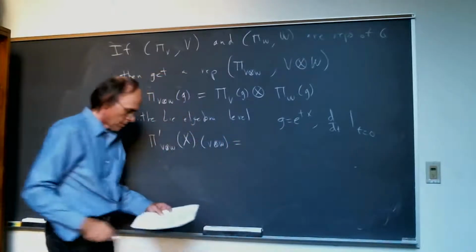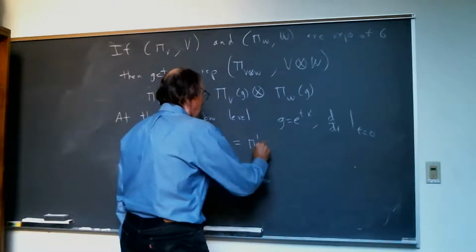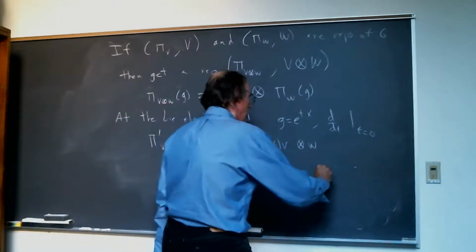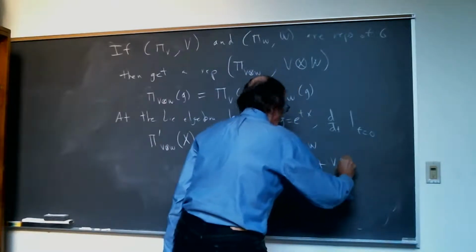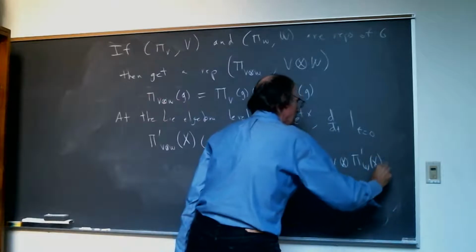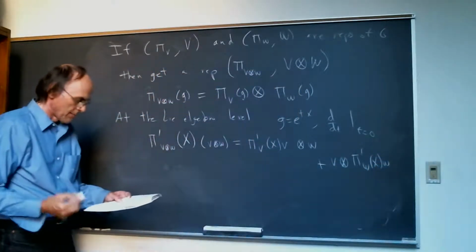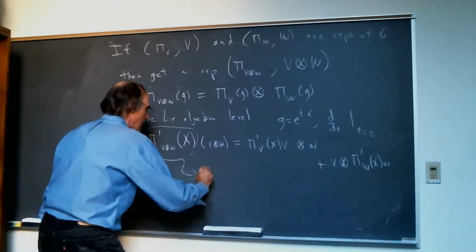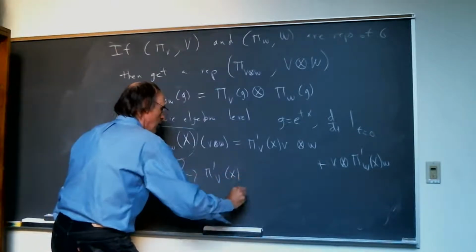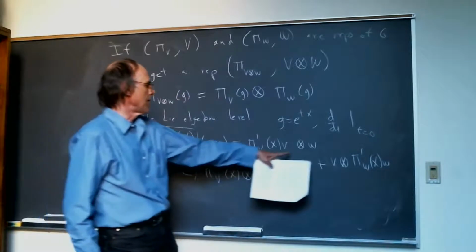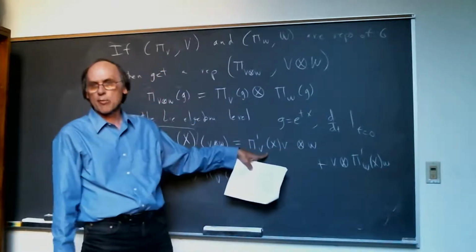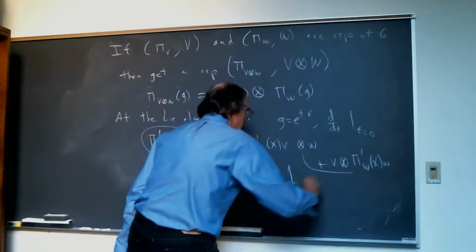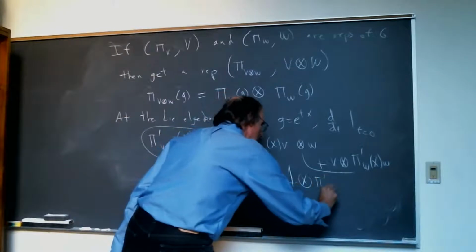The Leibniz rule tells you that you get pi prime V of X applied to V, and you leave W alone, and then you get V tensor pi prime W of X applied to W. So it has a piece which does nothing on the W side and does what it was doing before on V, and then it has a piece with the identity on the V side and acts this way on W.